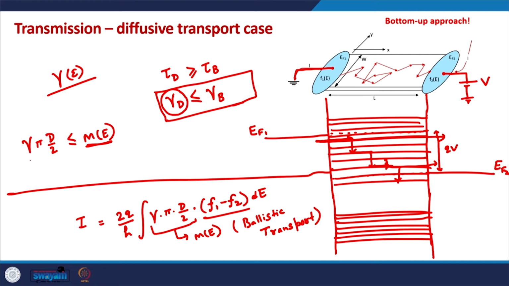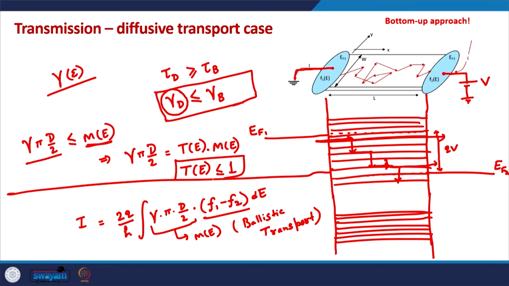So, in the diffusive transport case, this quantity gamma pi d by 2 will be less than or equal to M, or we can write it as gamma pi d by 2 equals Te times Me, where this Te is a coefficient which is always less than or equal to 1, and this Te is known as the transmission coefficient in the diffusive transport case.